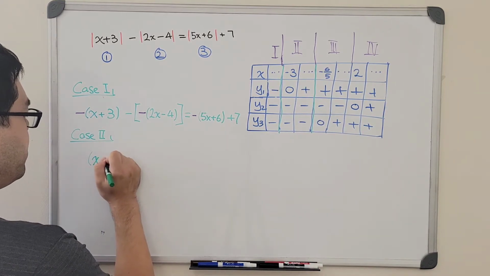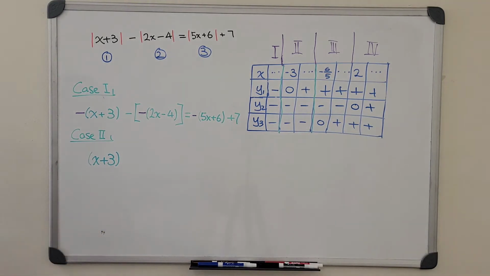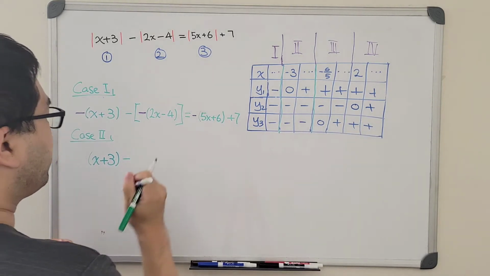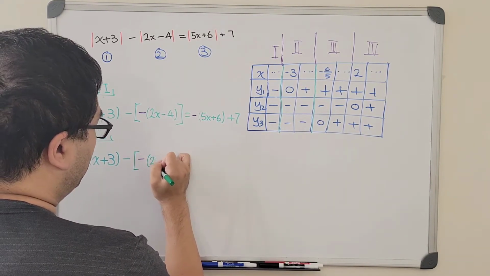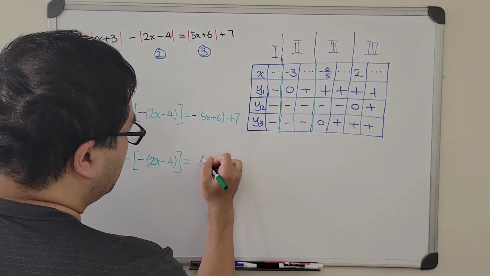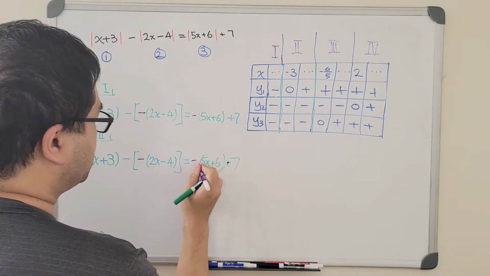Not anymore, because we already have a positive or non-negative value. However, for the other 2 terms, we still need to give a negative sign so that we will change the sign into positive. Like this.